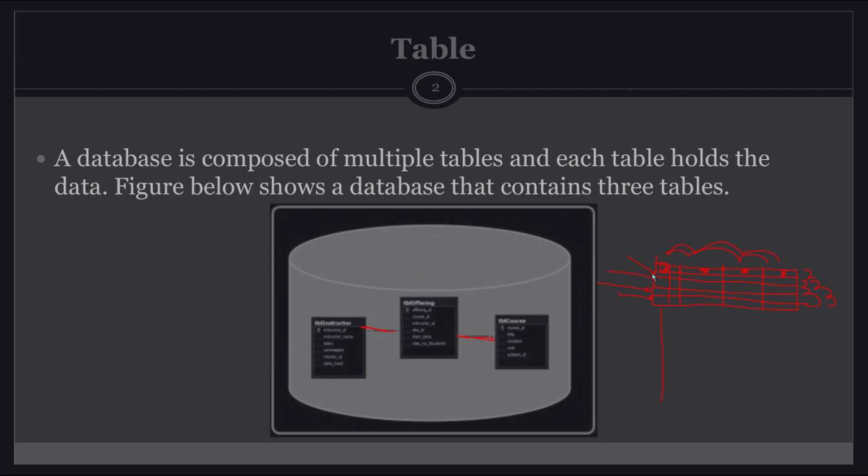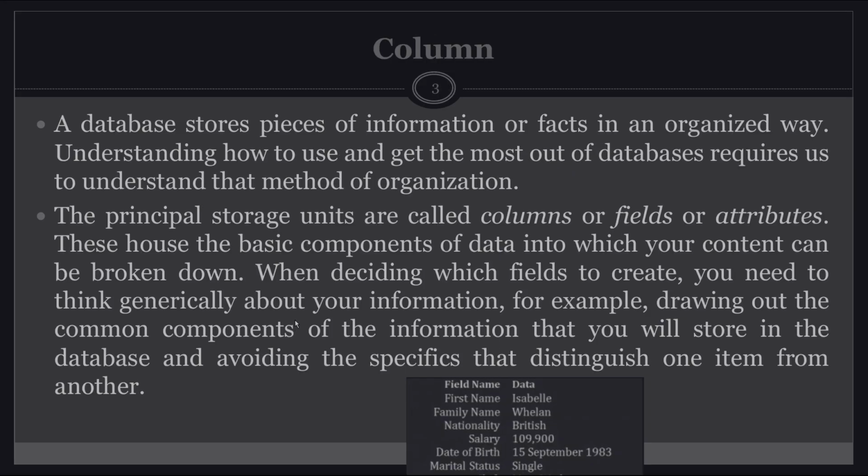And the records refer to specific instances of the entity. So if this was a table students, then the whole row here is a single student with their own name, age, credit hours, and ID, let's say. This is a second student, this is a third one, and this is a fourth one.